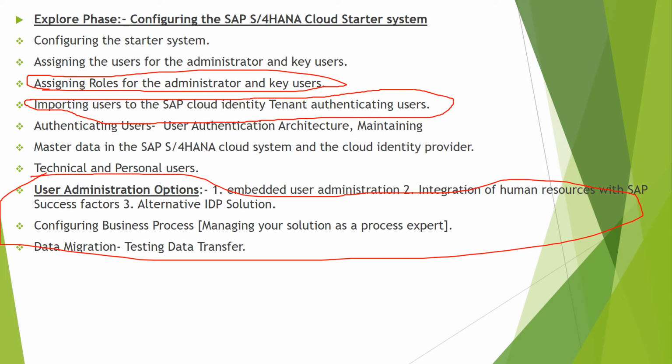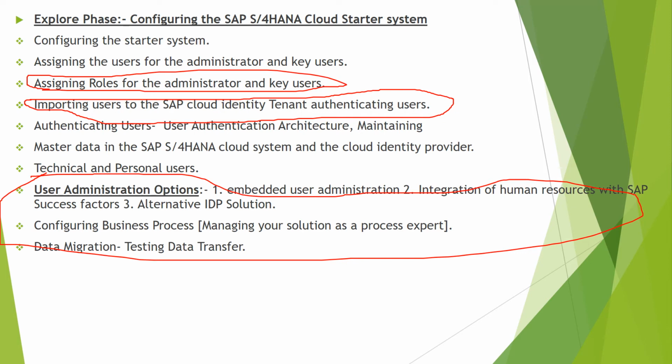Three user administration models exist for implementing SAP S/4HANA Cloud. First, embedded user administration, the simplest option, is to use the basic user administration already integrated into SAP S/4HANA Cloud. In this model, SAP Cloud Identity contains a specific IDP. This option enables you to maintain basic user master data. SAP S/4HANA does not support advanced human resources (HR) scenarios.